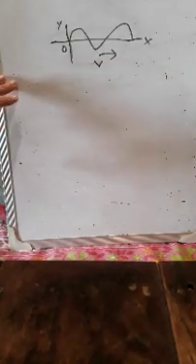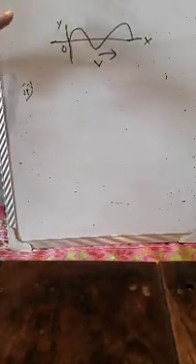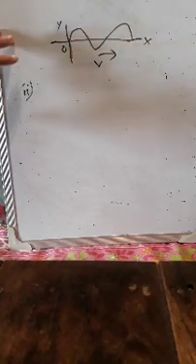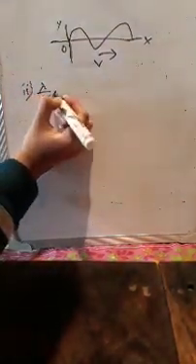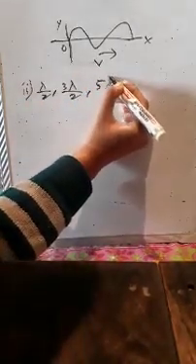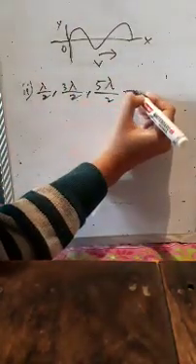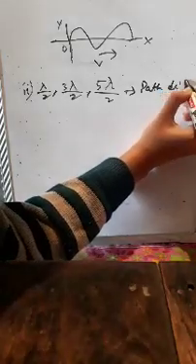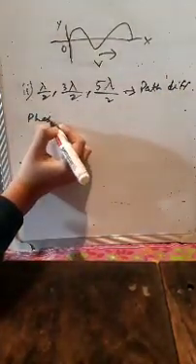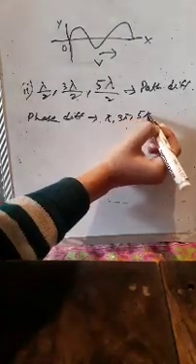If the path difference of the two particles is lambda by 2, the first value, then 3 lambda by 2, the second value, then 5 lambda by 2 and so on, correspondingly the phase difference will be pi, 3 pi, 5 pi and so on.